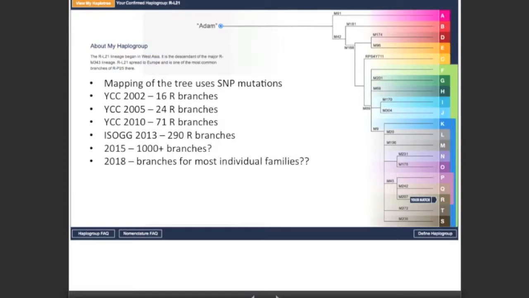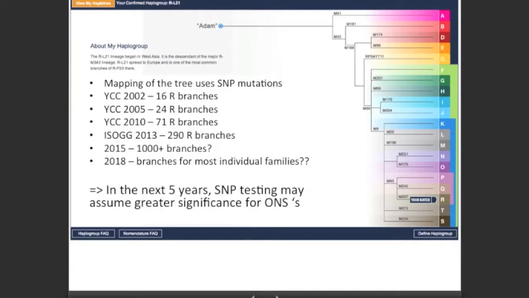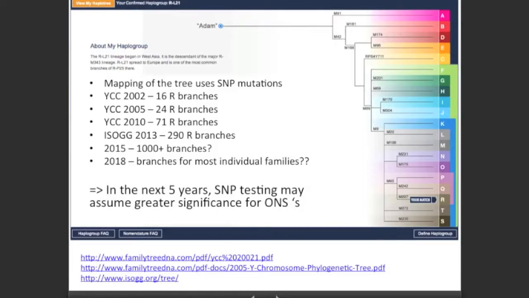But suffice it to say that over the years, more and more markers have been discovered, and it may be that eventually we'll be able to have branches for individual families. So the importance is that in the next 5 years or so, SNP testing may assume greater significance for one-name studies. Just be aware of that, but we will talk about it in more depth later on.